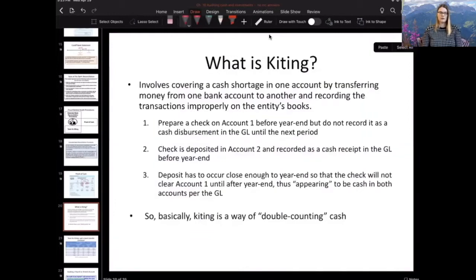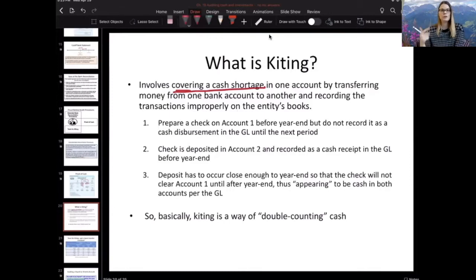Moving on. Kiting is a way of double counting cash. And the reason why you would want to double count cash typically is because, again, you're trying to cover up a cash shortage, right? Possibly because you stole some cash, right? Theft of cash, and we want to cover it up. And so we're going to do that by double counting cash.